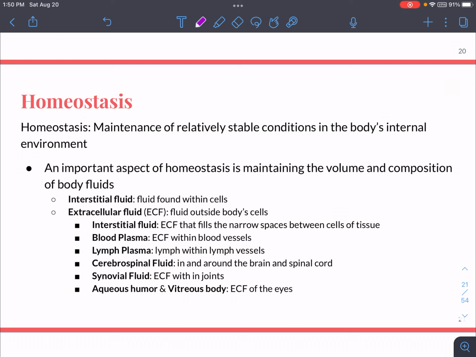If you've ever been in a lab where blood has been drawn and it's been let to sit for several hours, the blood cells tend to all drop to the bottom and the plasma stays towards the top. So then you start to see that yellow plasma separated from the red blood cells. There's lymph plasma, which is the fluid that flows through the lymphatic system.